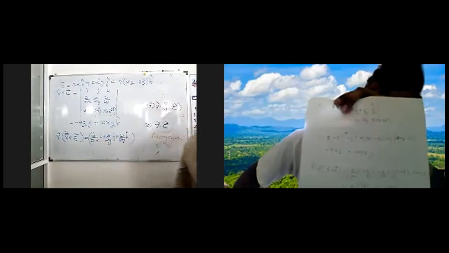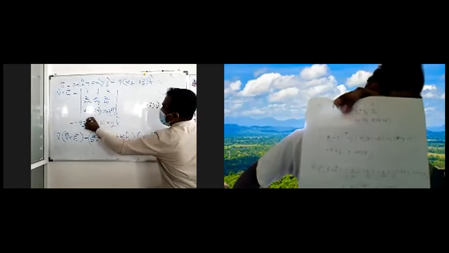Del by del x i plus del by del y j plus del by del z k, dot minus 9z j plus 10xy k.